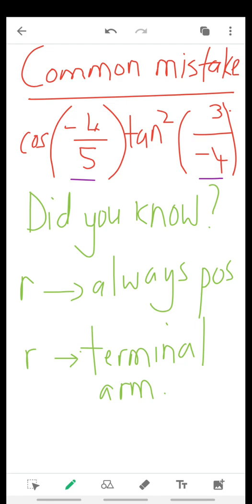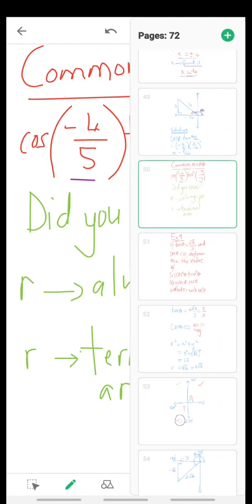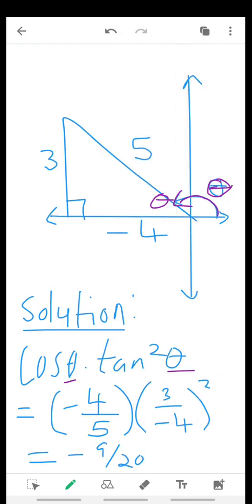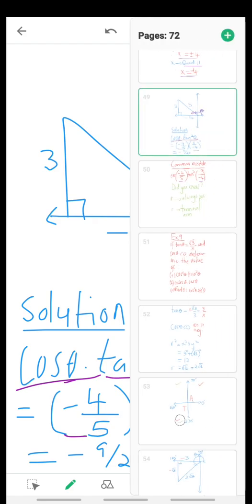Theta is an angle. Theta is an angle. Okay, so please don't say cos negative that, tan squared that. No, no, no. Theta is an angle. Therefore, the whole of this thing here, cos theta, tan squared theta, will be represented by the correct substitution, and that being the answer. Okay.